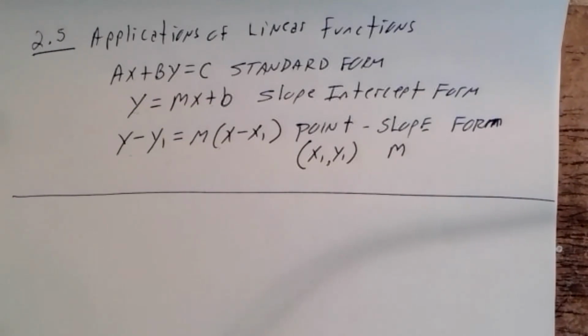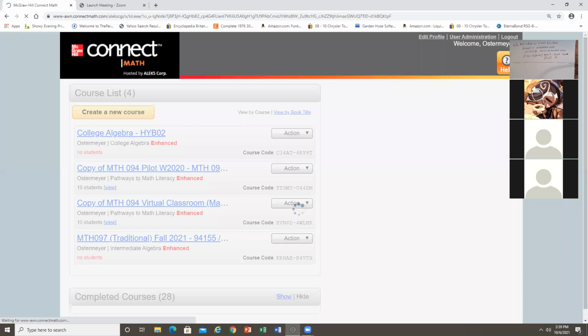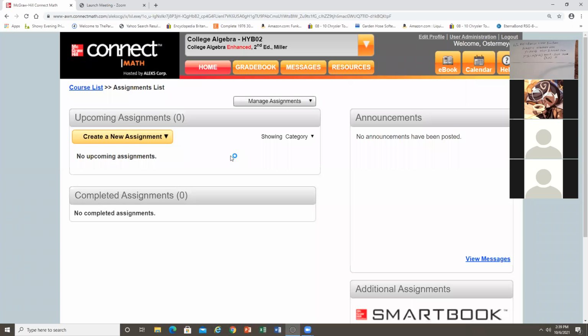I want to, and hopefully things are cooperating. I wanted to go to page 222.